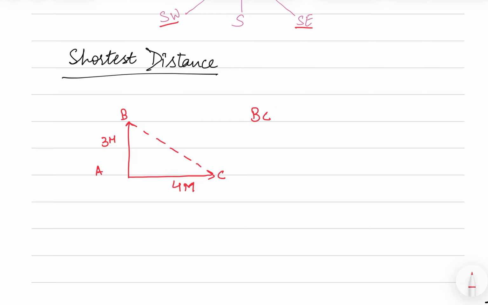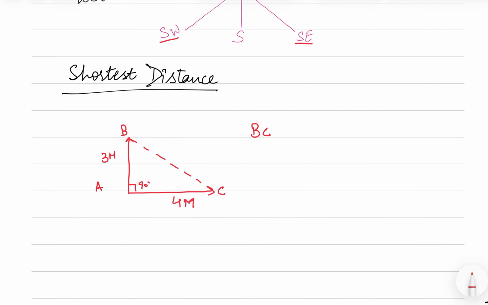How to calculate this? The other 2 sides are given, and the angle between AB and AC is 90 degrees. So if we have to find out BC, then we use the Pythagoras theorem. BC square is equal to the sum of AB square and AC square.